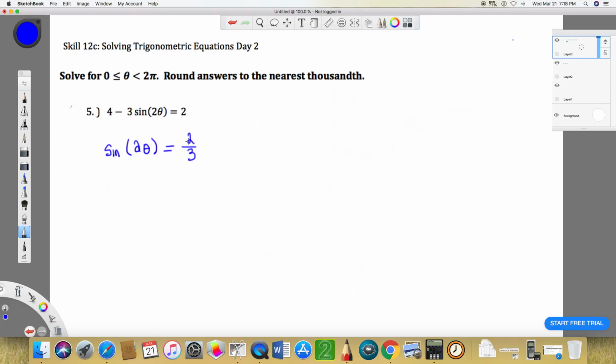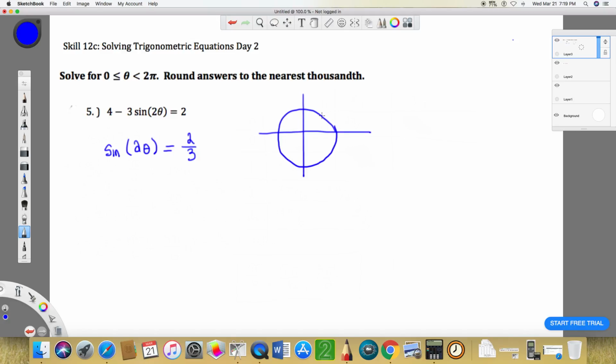Now, if we go look to the unit circle, we're not going to see 2/3 as a y-coordinate, so we'll have to use the calculator. We do know that there exists a point on the unit circle that has a y-coordinate of 2/3. It's just not one of our special angles that we know the exact values for.